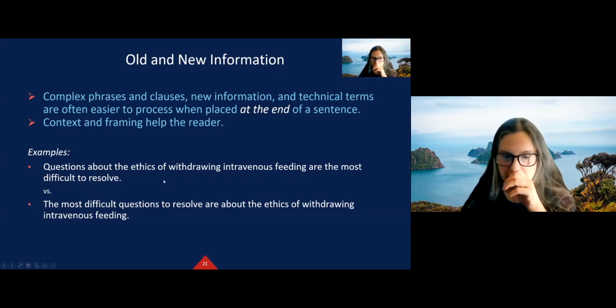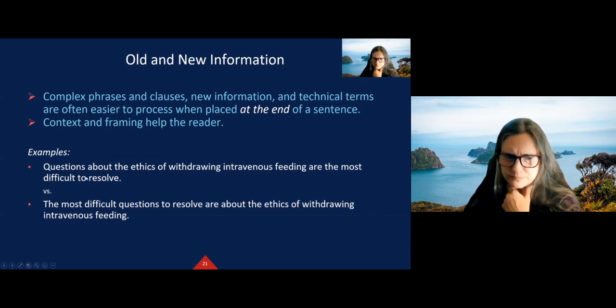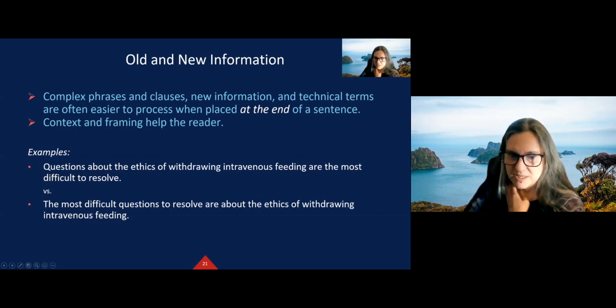So here's an example. In this first one, the new information is potentially at the beginning of the sentence. Questions about the ethics of withdrawing intravenous feeding are the most difficult to resolve.